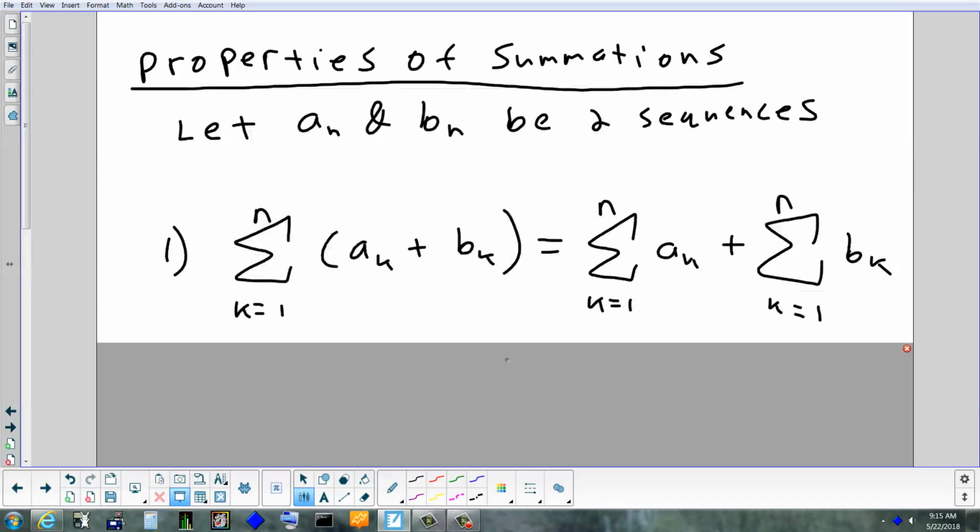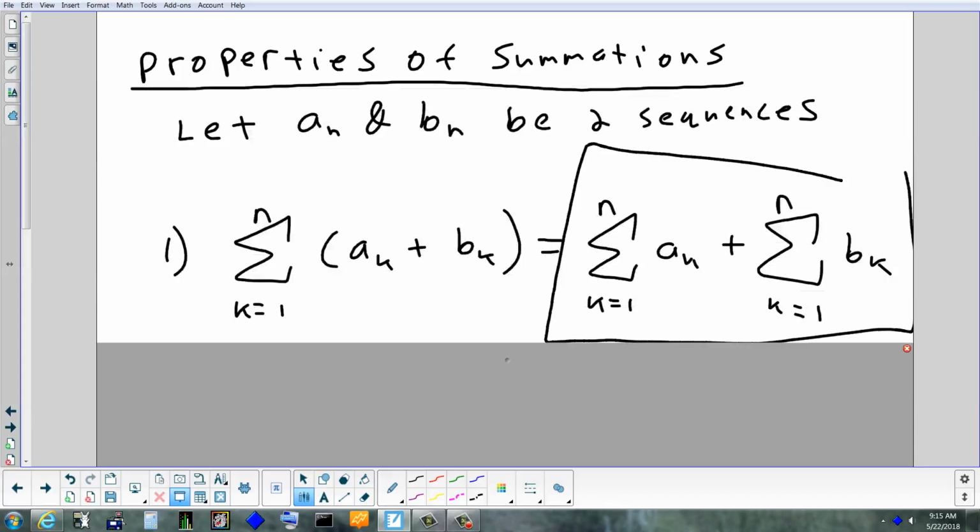So, you're going to use this rule on the first problem. Basically, in the first problem, I'm giving you 2 separate sums, and I want you to combine them into a single sum.